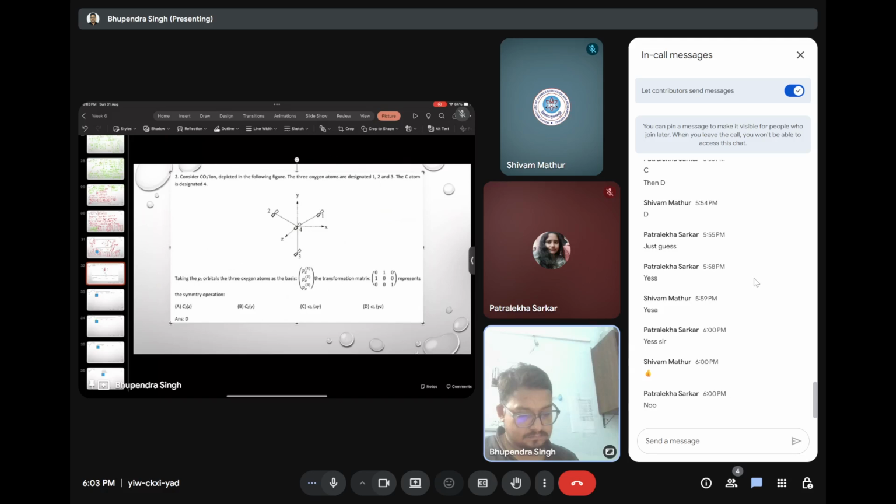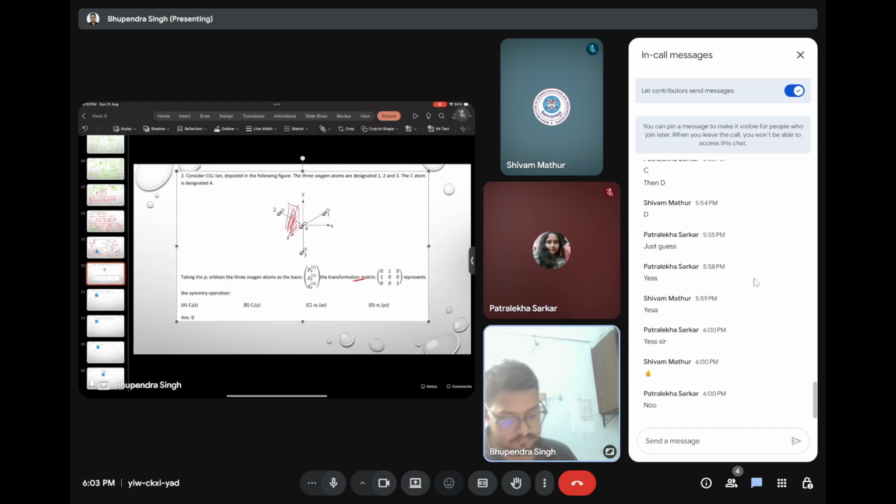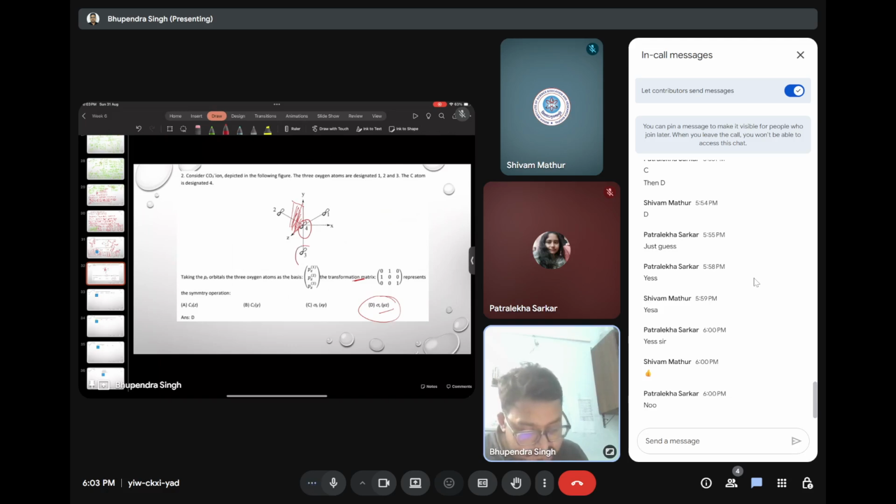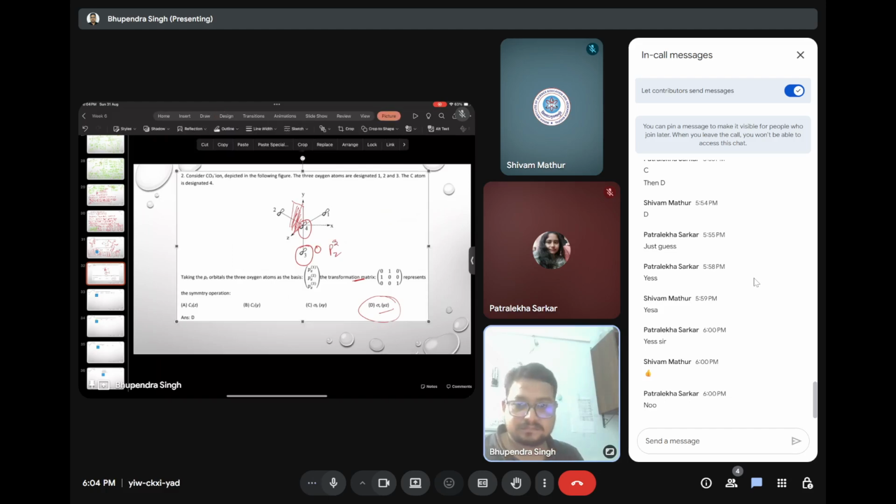In the yz plane, the carbon atom is present, and the pz orbital of oxygen atom number 3 is present.